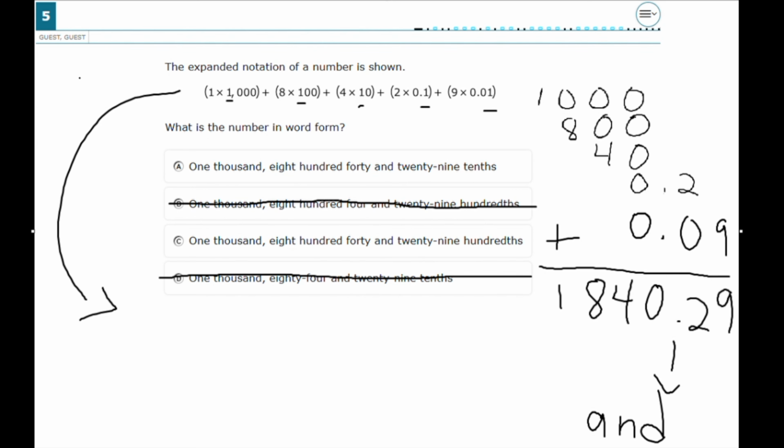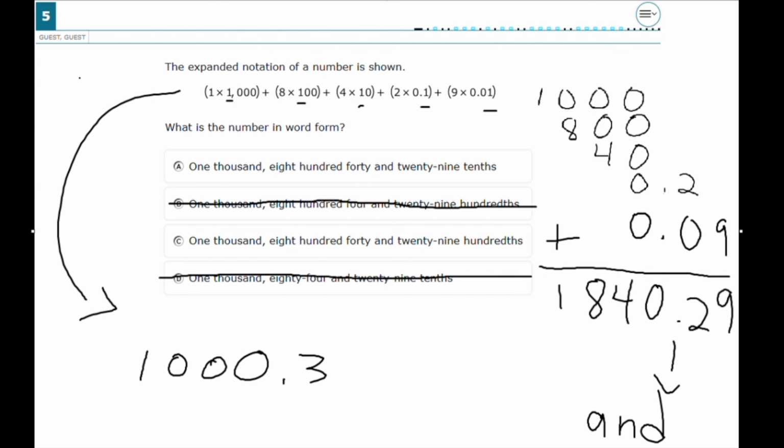So anytime your written form or your word form ends in tenths, that means that the last number is in the tenths place. Okay? But our last number is in the hundredths place. So we're going to end with hundredths. So if our number was, let's say, 1,003 tenths. Okay? So it would look something like this.